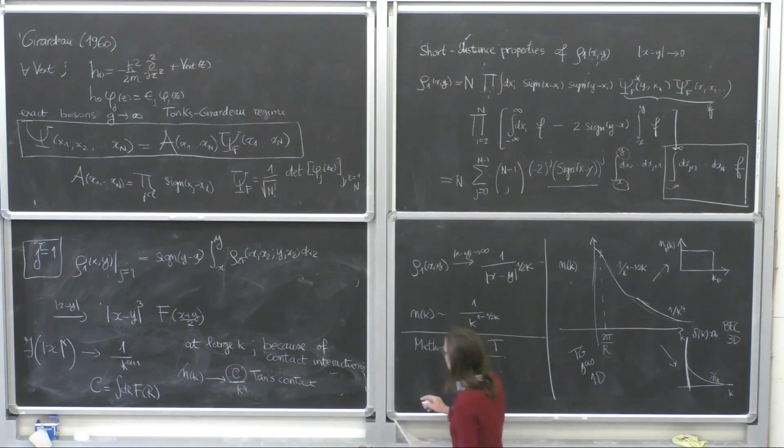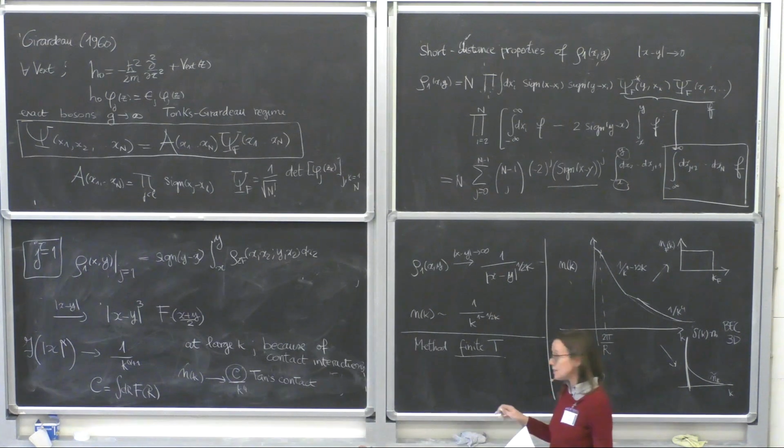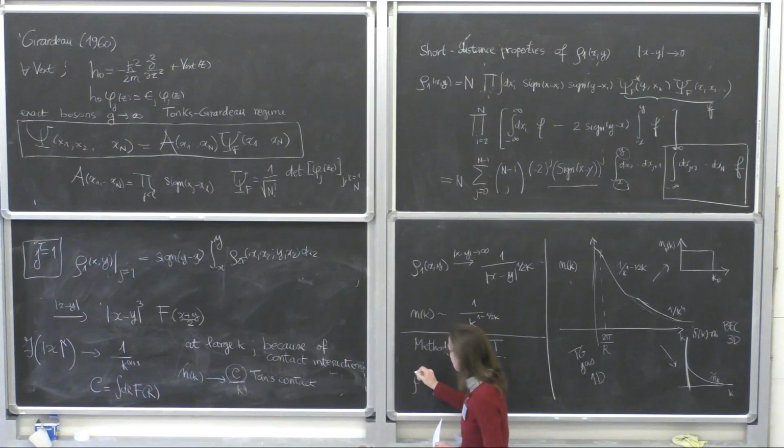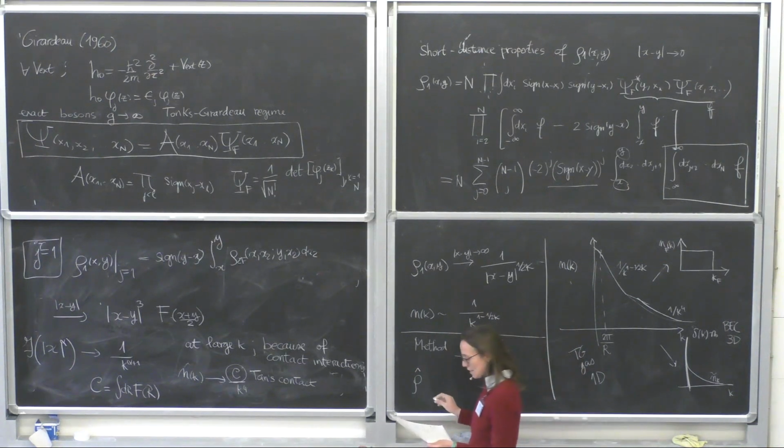So at finite temperature, if we want to write the state of the system, we do not write a wave function, but a density matrix. This density matrix is not the reduced one-body density matrix. It's the density matrix of the whole system.